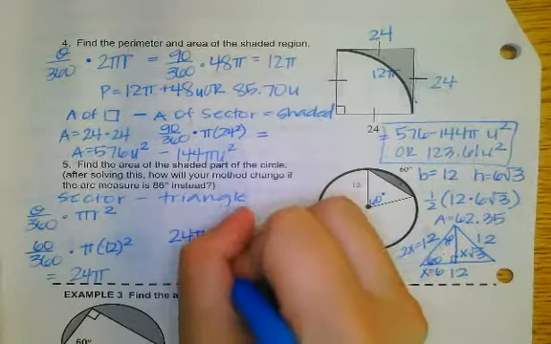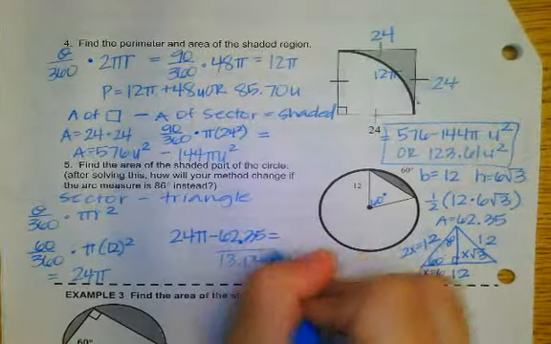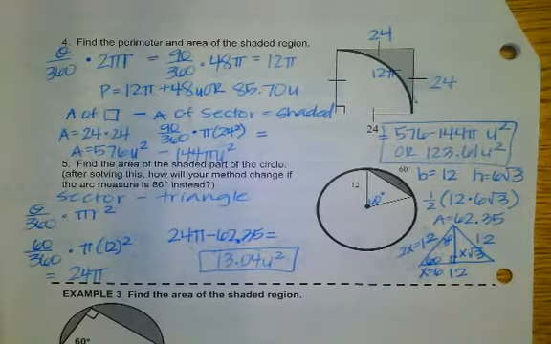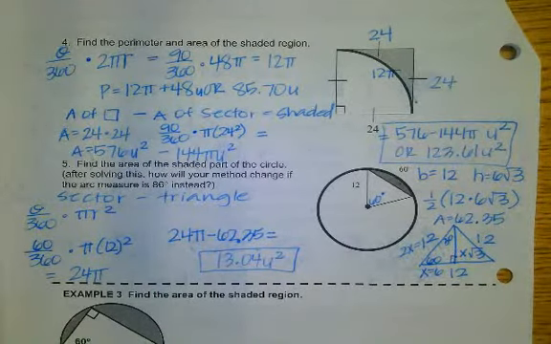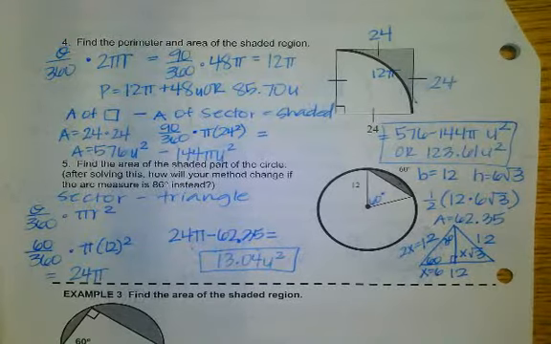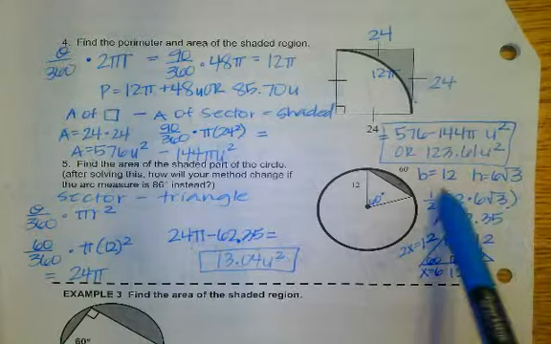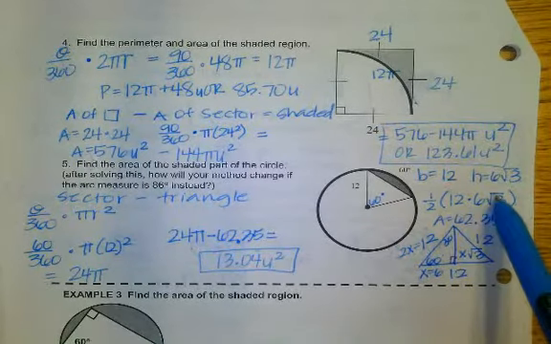Listen, if I told you to leave this exact, which is no rounding at all, how do you write this without rounding to the nearest decimal? 6 times 6... you did 72.